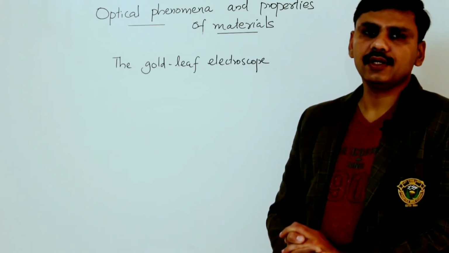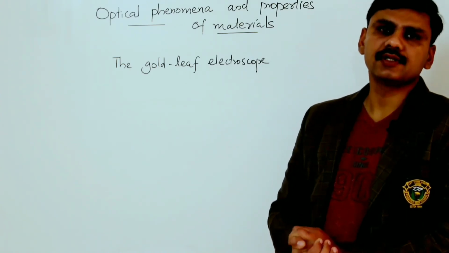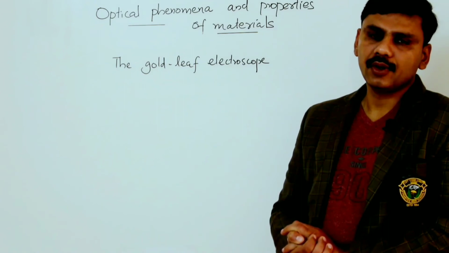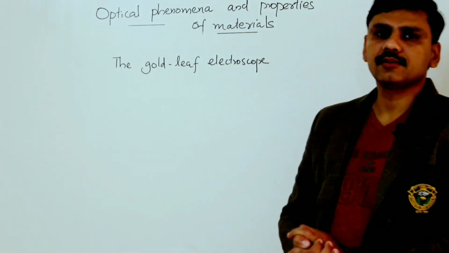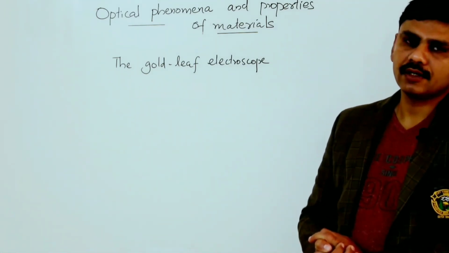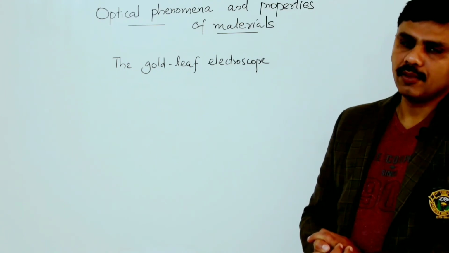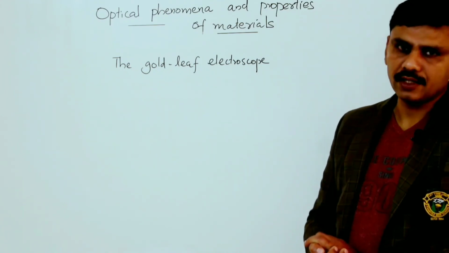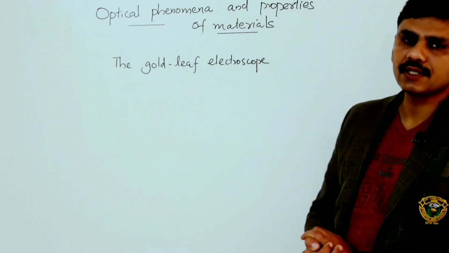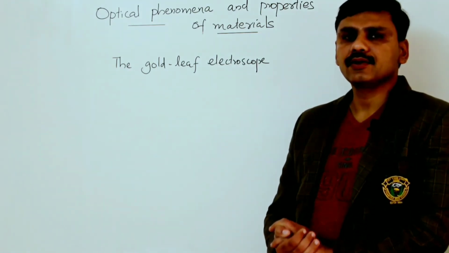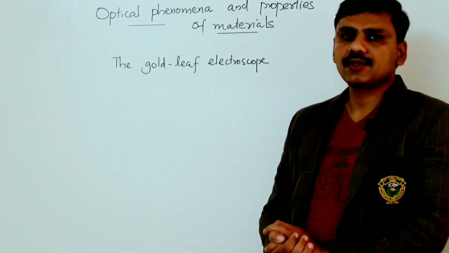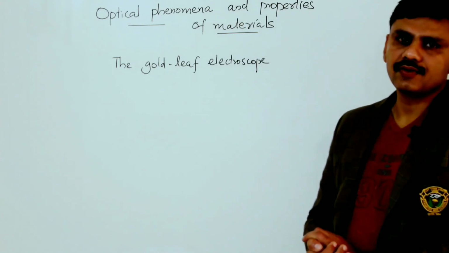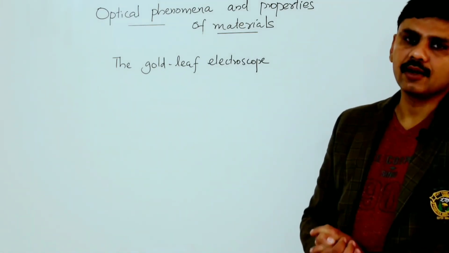But if we shine ultraviolet light on the zinc plate, you know that ultraviolet light has more frequency than visible light. So what will happen? Because of the high energy, the electrons will be emitted and removed.